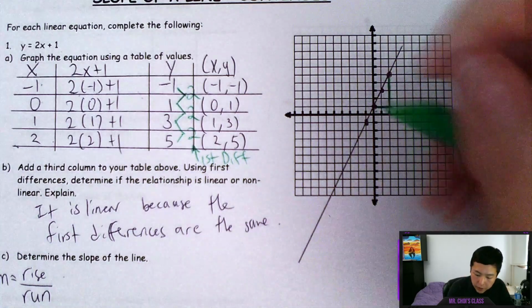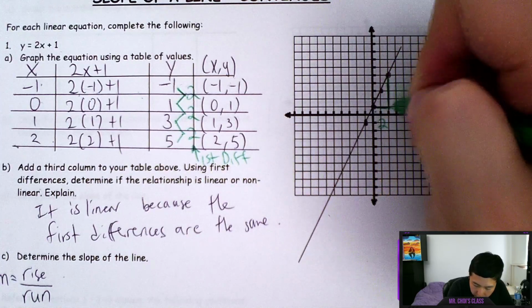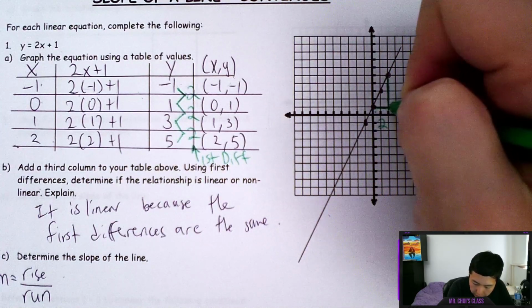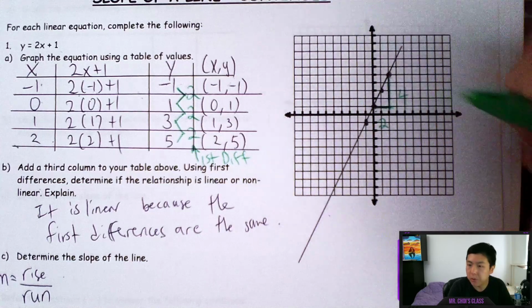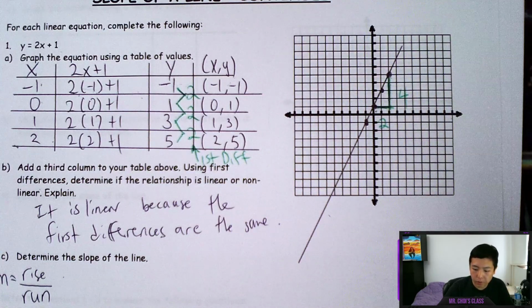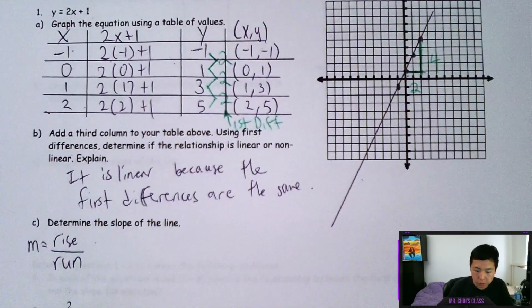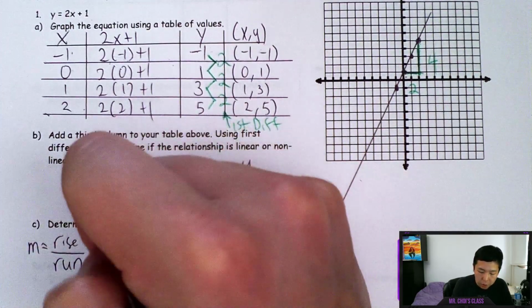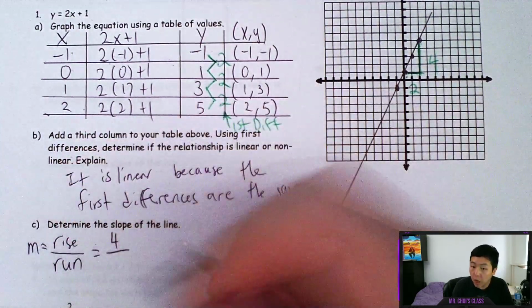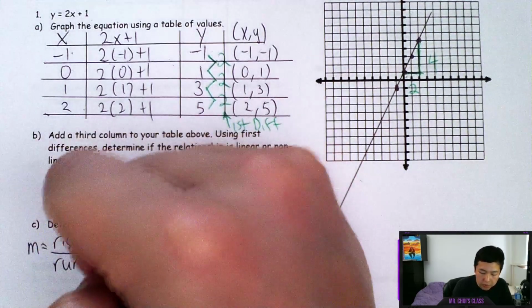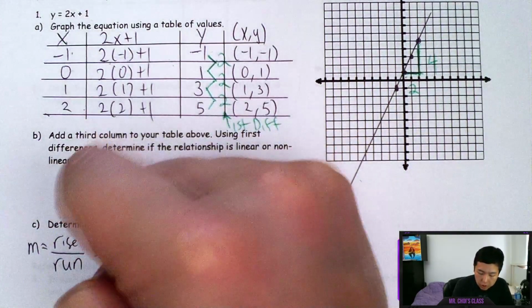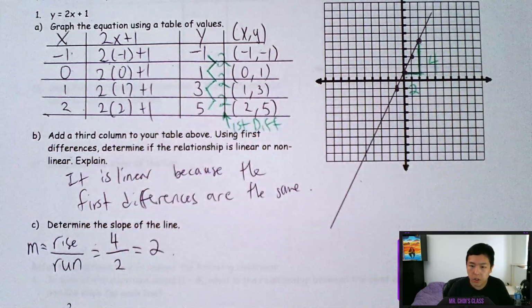And so my value here is 2 to the right, and we go 1, 2, 3, 4. 4 up. So it's 2 to the right and 4 up, which means for our rise, it's 4 positive. And then our run is always going to be positive. So it's 4 over 2, which means our slope is 2.